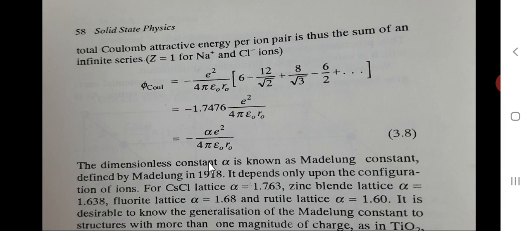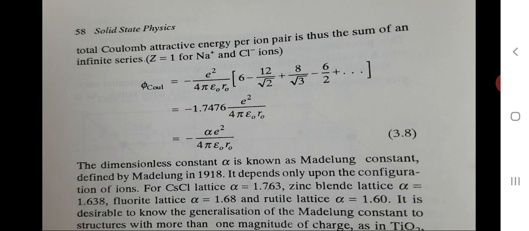The dimensionless constant alpha is known as the Madelung constant, defined by Madelung in 1918. It depends only upon the configuration of ions. For the caesium chloride lattice, alpha is equal to 1.763.